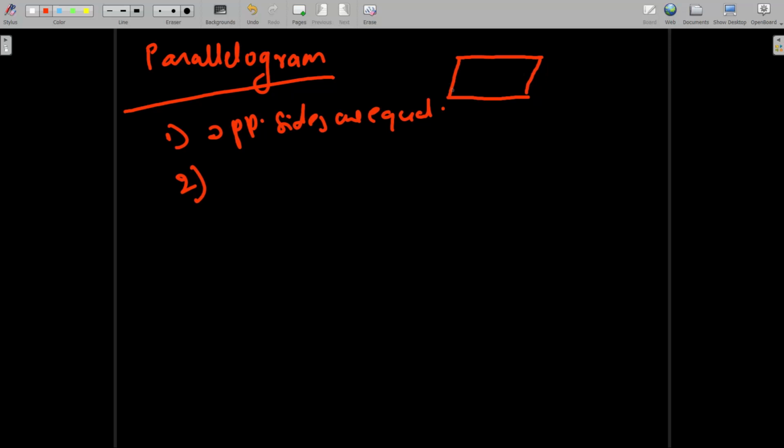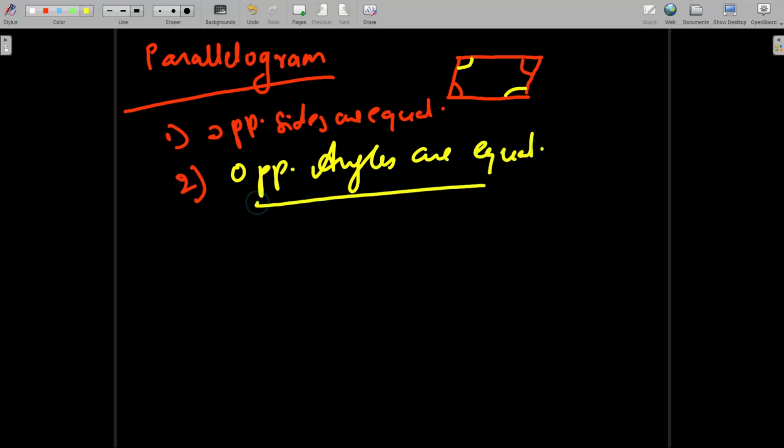Here, if you see this angle and this angle, and the same way this angle and this angle, what can we say? Opposite angles are equal. Okay, so these are the basic properties of a parallelogram.